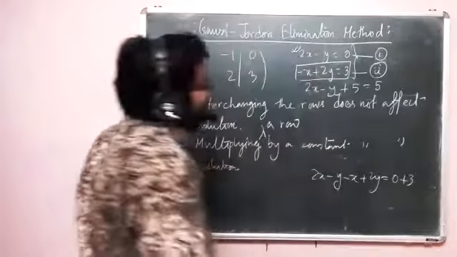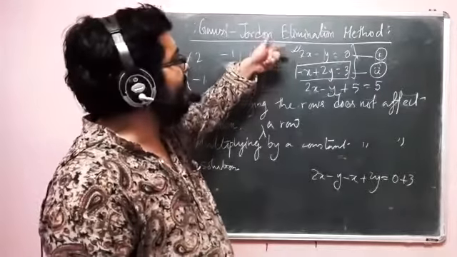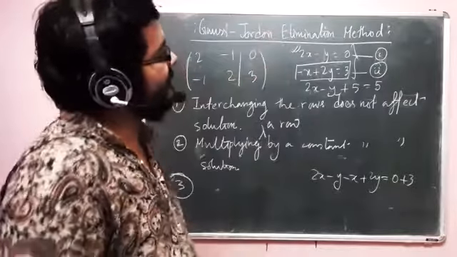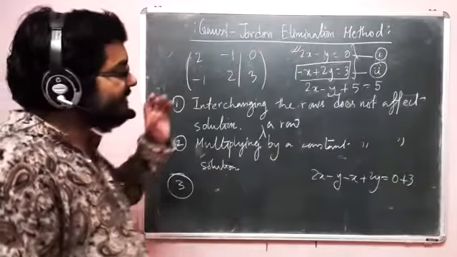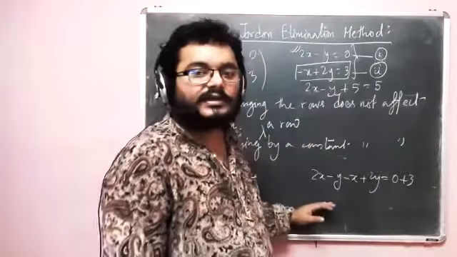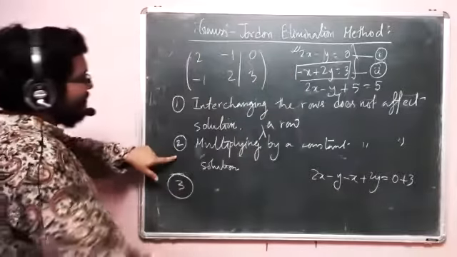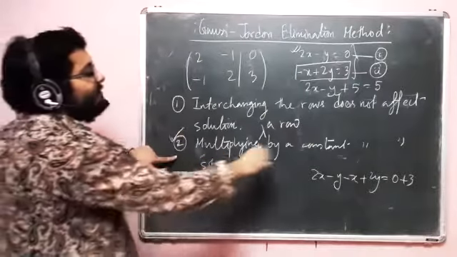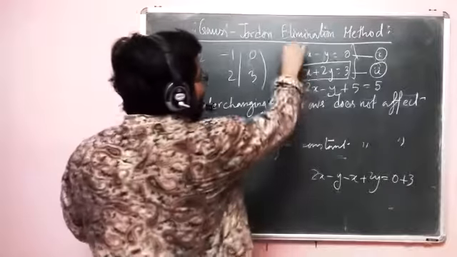And not only that, adding two equations or multiplying by something and adding two equations, it has always been our favorite approach. In the first case, we solved it in this way. We multiplied the second equation with something, so that gives us the second rule: multiplying by a constant doesn't affect the solution. And then we added these two.